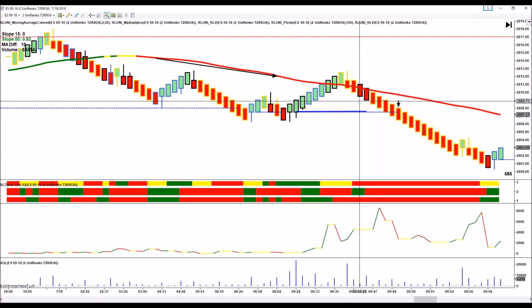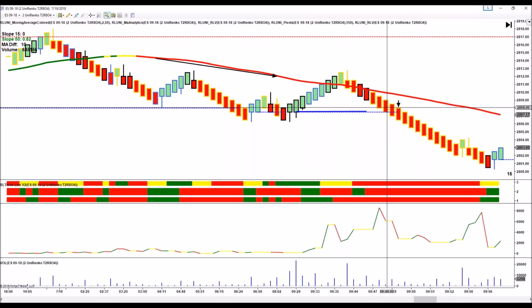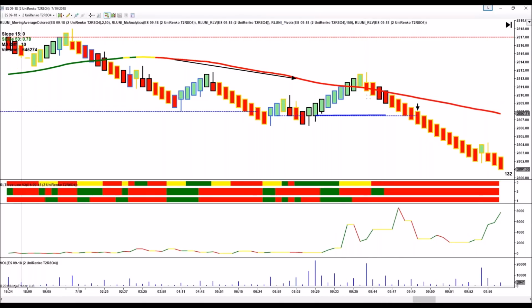Now, if we go here to this really tiny volume candle, this is at 9:44, and this is at 9:47. So this is just a very low volume candle. Sometimes on these very low volume candles, you're just going to see they move quick. 9:49, 9:49.42. So this is only 42 seconds. This is 3 minutes.